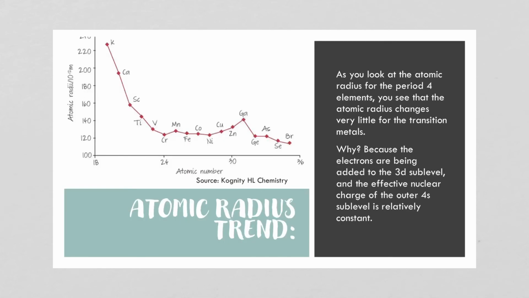If you take a look at the atomic radius trend for the period 4 elements, you can see potassium and calcium, there's a big change, but across the transition metals or the 3D section, there's very little change. That's because the electrons are being added to the 3D sublevel, and the effective nuclear charge of the outer 4s sublevel is relatively constant. So there is very little difference when you take electrons away from or add them to this section here.